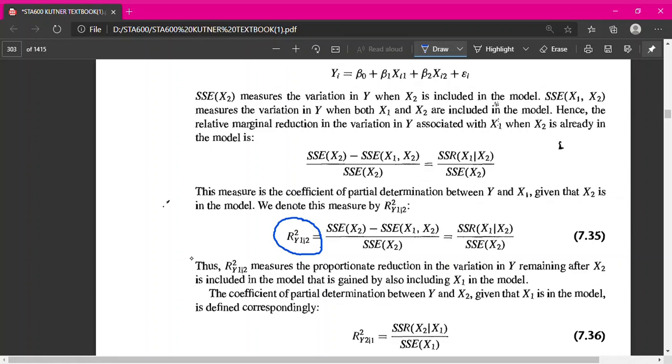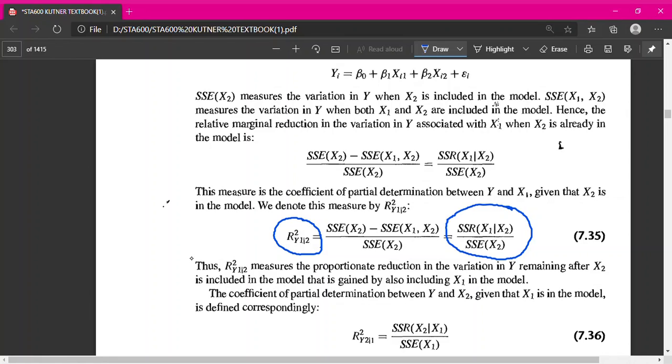Okay, R square adalah SSR, kan? SSR divide dengan SSE. Tapi sekarang ini adalah partial determination. So, it is SSR x1 given x2, because kita nak tengok partial determination when x1 is added into the model while x2 is already in the model.